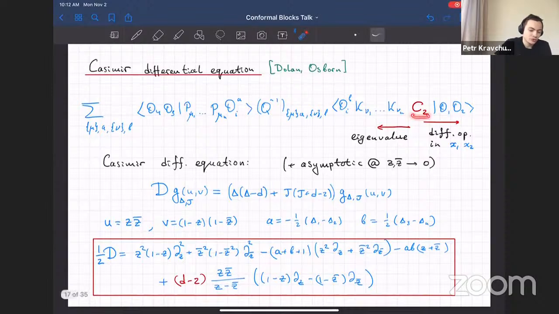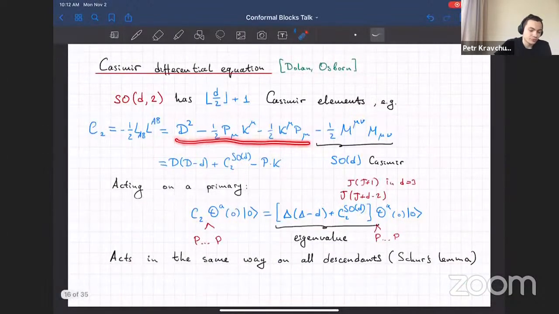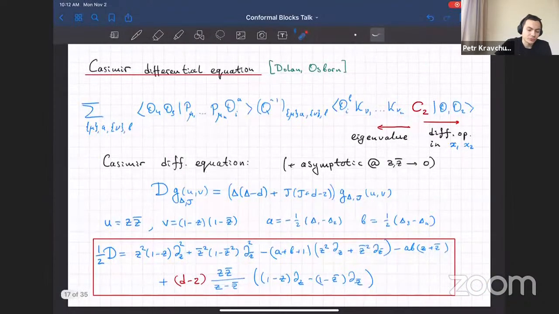However, C2 from its definition is just a combination of conformal generators. Conformal generators act by differential operators on O1 and O2. So when we act with C2 on the right, we just get some differential operator acting on x1 and x2.